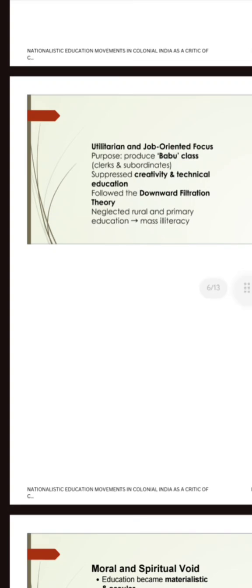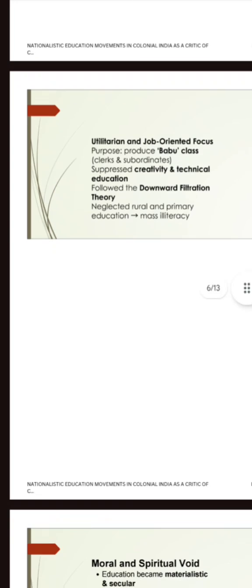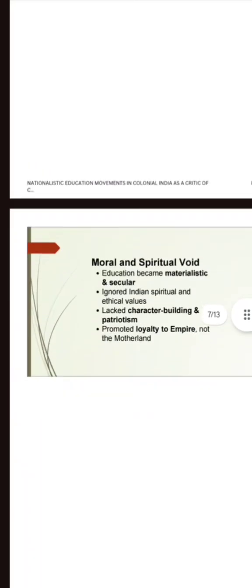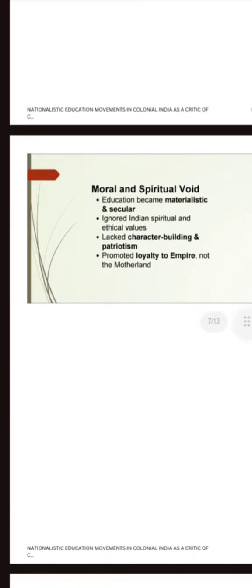The goal was not to empower Indians, but to supply the British with cheap and obedient workers. This system killed curiosity and imagination, discouraging technical and industrial learning, which was essential for India's economic progress.